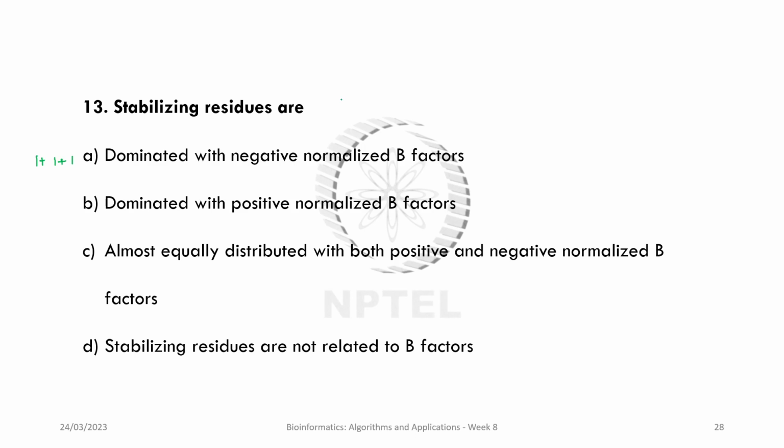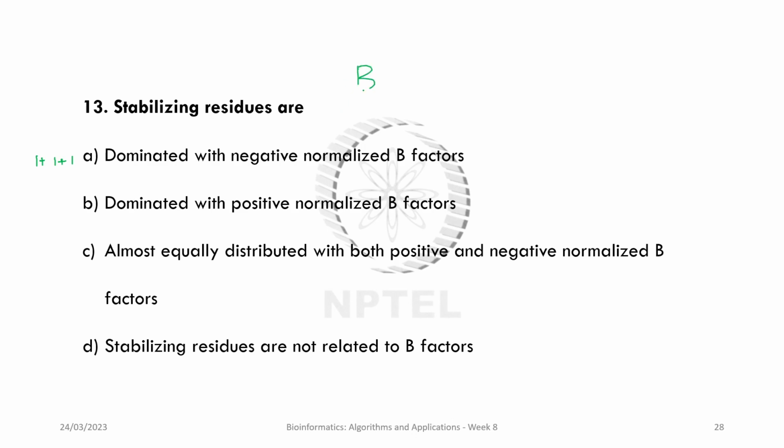So think about it. Stabilizing residues most often than not are going to be found in the core of the protein, and the word stabilizing means it's going to hold the chains together or hold the structure tight in proper form, correct?